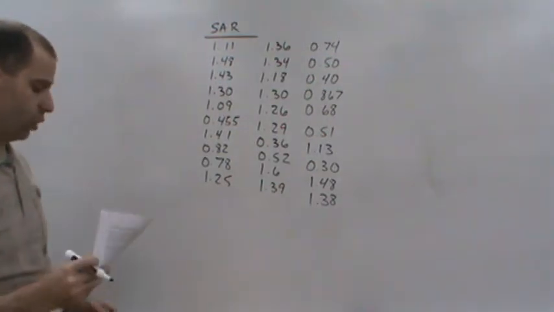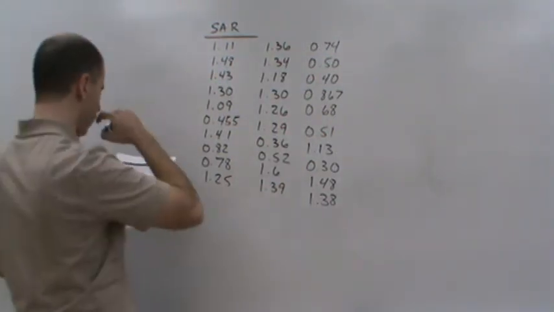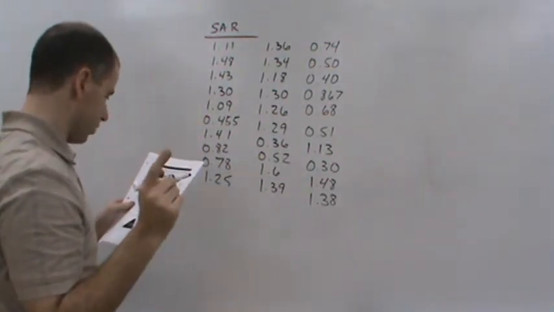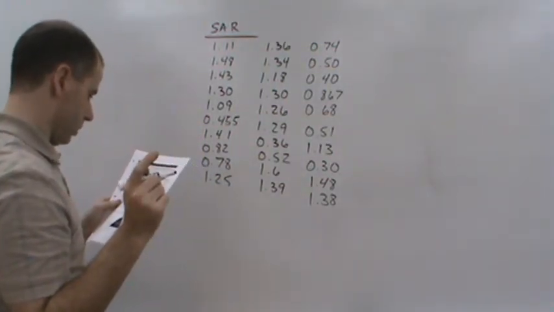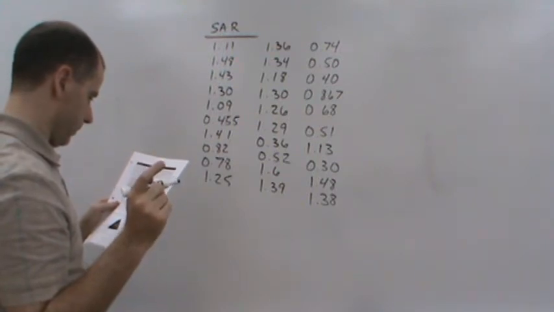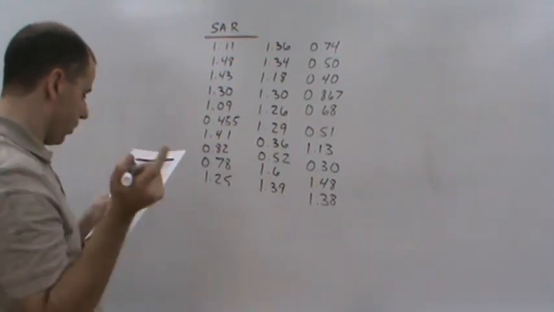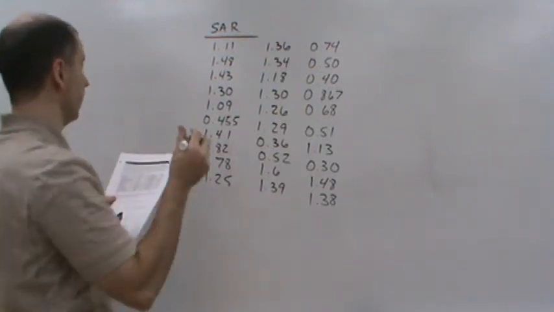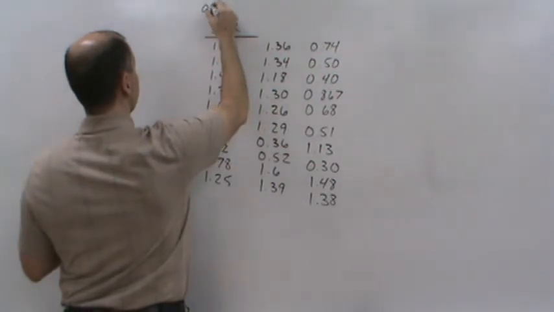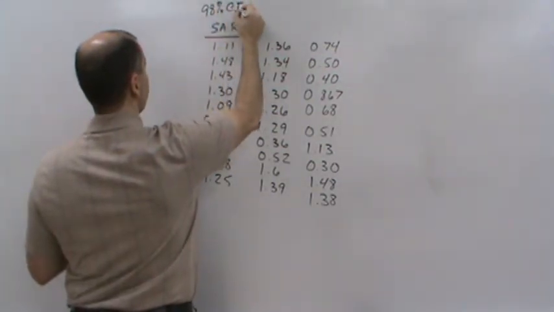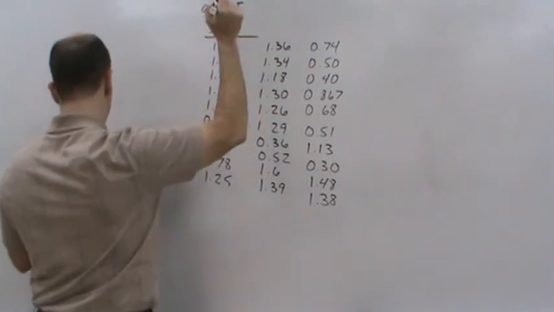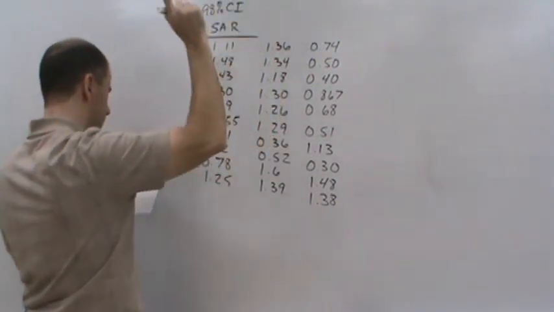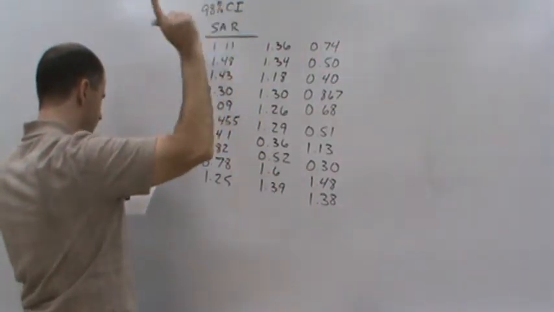So the first thing we're going to do is, what do we know about this problem? That's all they give us. So here's what we need. It says find the 98% confidence interval for the true population mean of the specific absorption rates for cell phones.